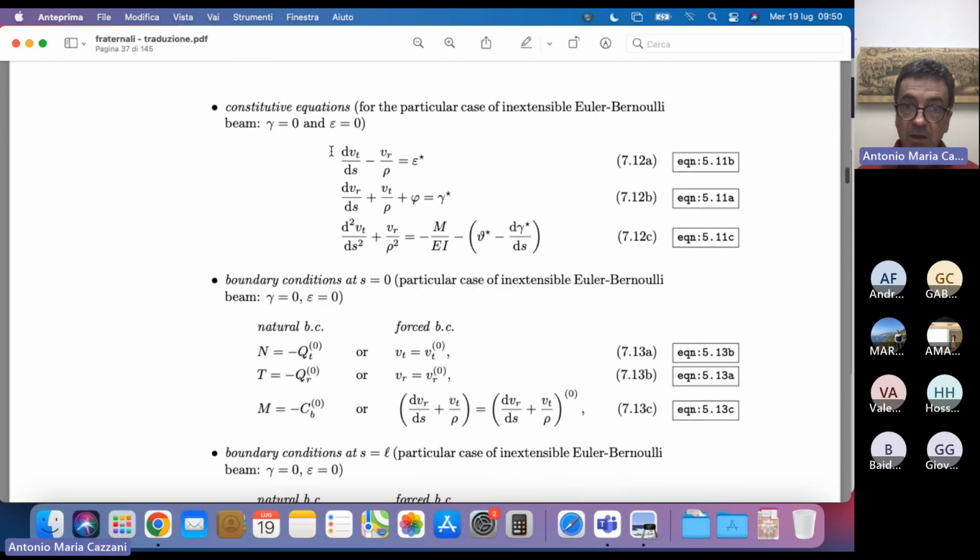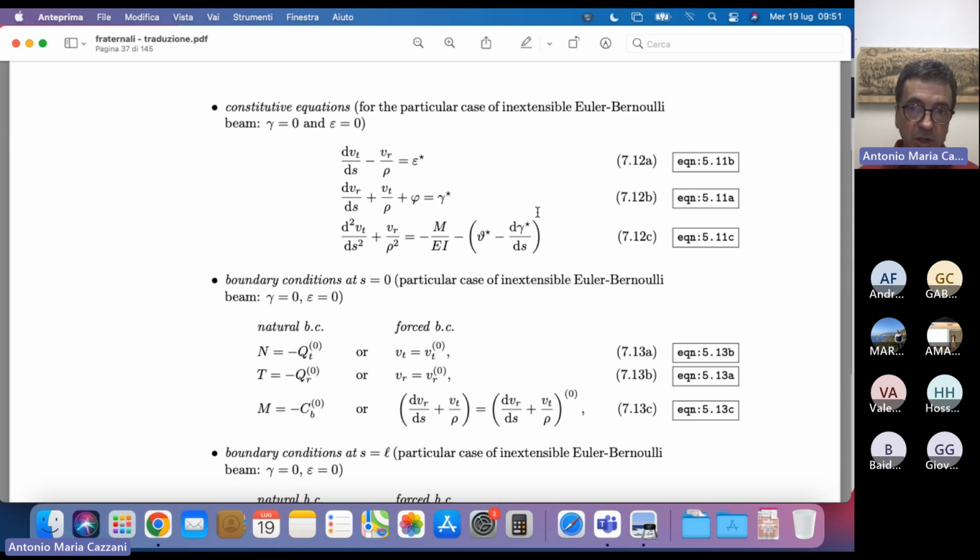So the compatibility conditions now connect only the transversal, radial, and rotation to the applied distortion along the axial direction and the transversal direction, and instead the equation relevant to the bending moment can now be expressed only through the radial and transversal displacement.